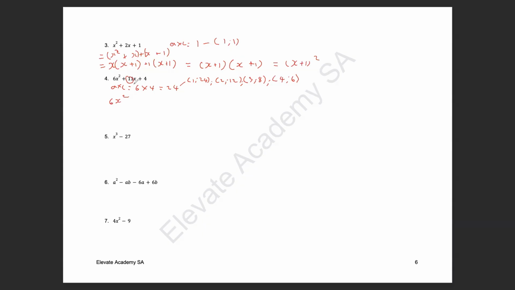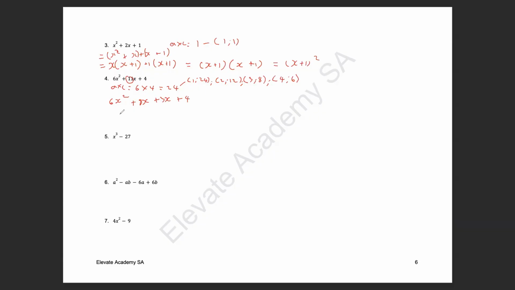So the next step, we will say, okay, great, 6x squared. And now we're going to break up the middle term into these factors. So plus 8x plus 3x plus 4.